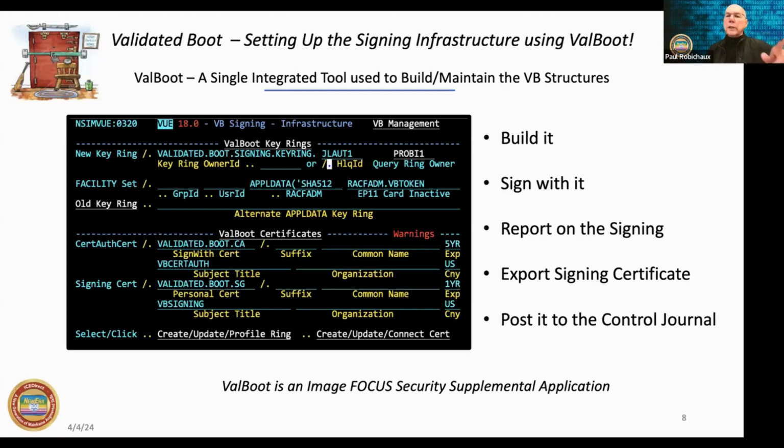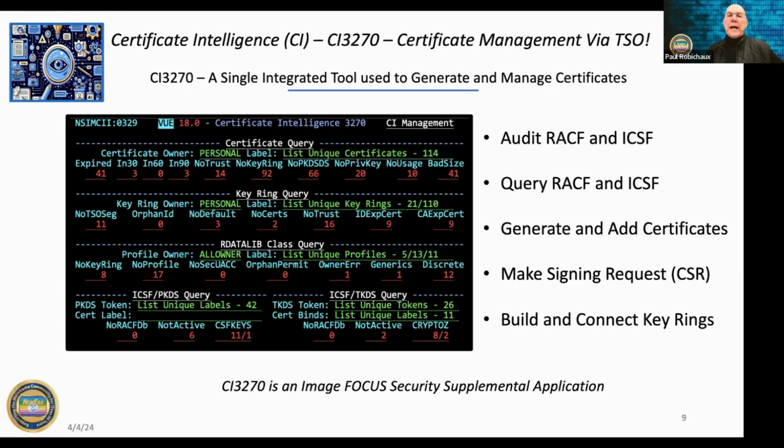And we can post information for an audit trail for you directly to the control journal. Later on, early next month, not April, but May, we're going to come back to you with another application called CI 3270. What CI 3270 does is it provides a gestalt, a complete audit of RACF and ICSF as it pertains to certificates and key rings and RDataLib class profiles and other profiles that protect PKDS and TKDS components.